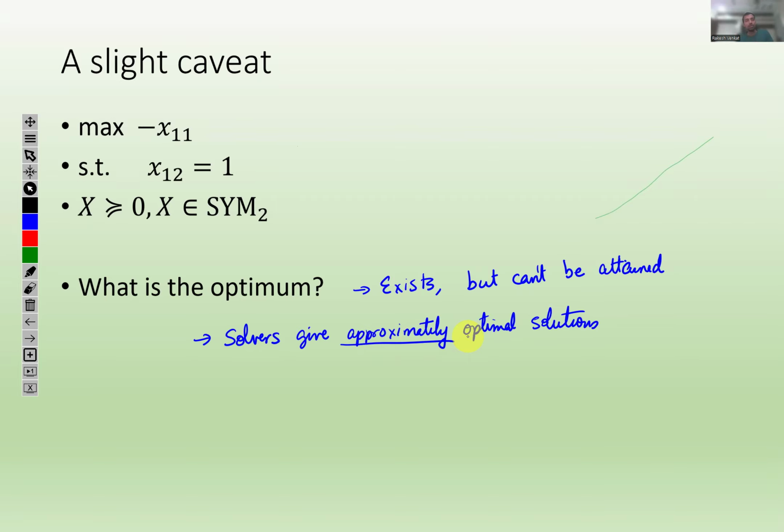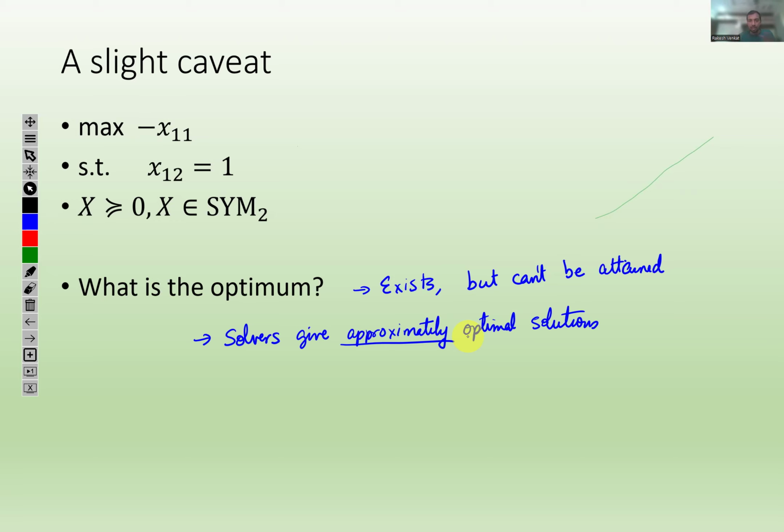That is, the solution will be feasible and as close to the optimum as you like, depending on how much computational power or time you're willing to spend in finding it. Okay, good.